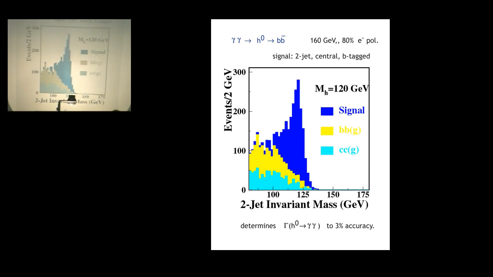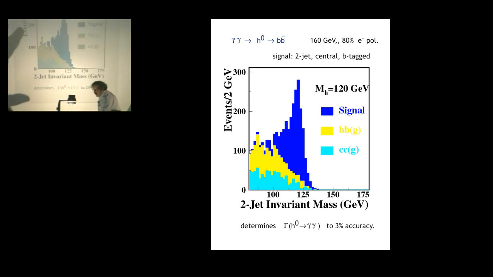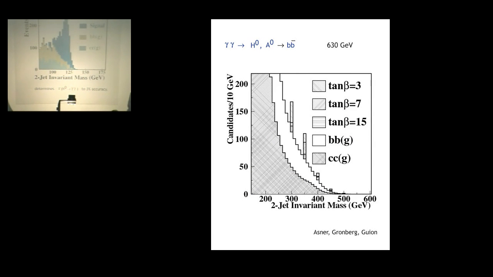Here's what these people, Asner, Grönberg, and Gunion, expect is the signal of a 120 GeV Higgs under the correct running conditions, which would be 160 GeV in the center of mass, maximizing the E- polarization, and adjusting the polarization state to maximize JZ equals 0. It's quite an impressive signal. They claim a determination of the absolute partial width of Higgs to gamma-gamma to about 3% accuracy in this study.